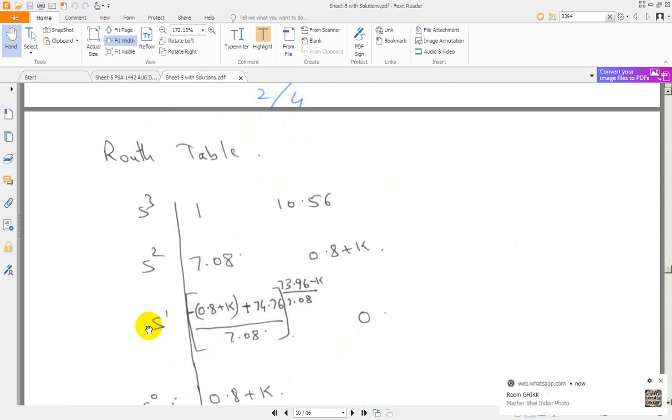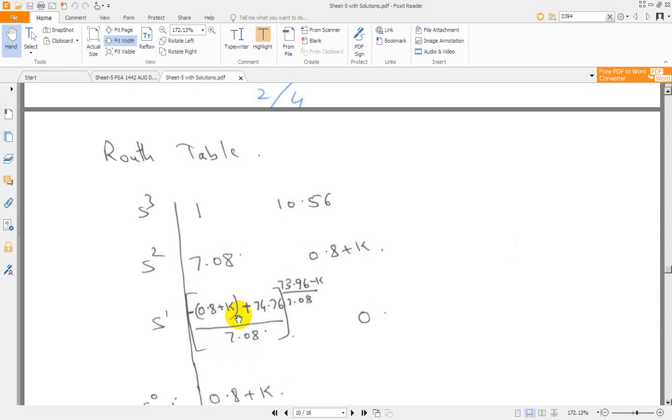And then s power 1 will be equal to 7.08 into 10.56 minus (0.8 plus k) into 1, divided by 7.08.